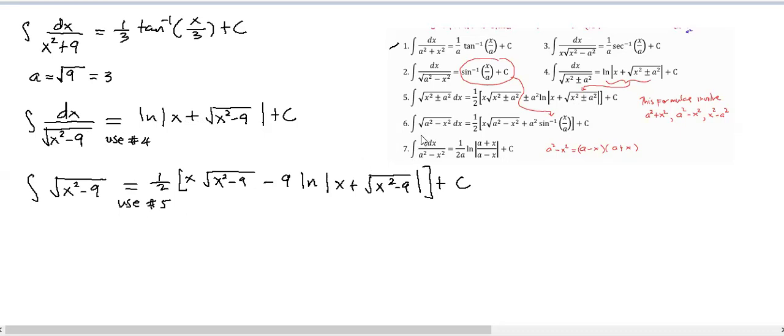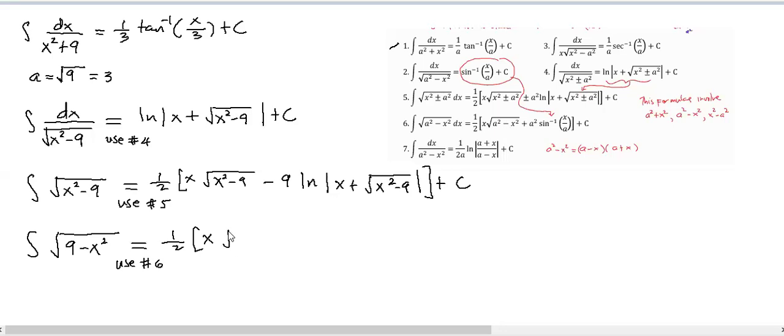Now, pag pinagbaliktad natin, integral of square root of 9 minus x squared. So, it's a different formula. Nauna yung constant, so a squared minus x squared. That's number 6. Use number 6. It is 1/2 times x, the same form. Pag difference, at pag binagbaliktad mo, the same form. And then kung ano yung radical, yun yung nandyan.